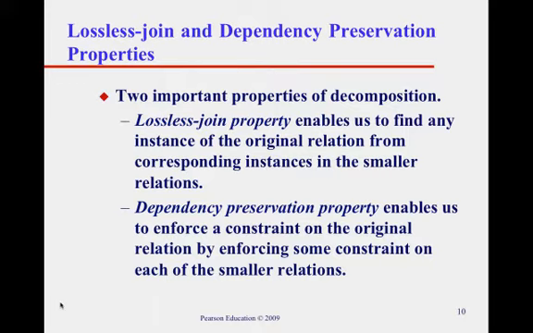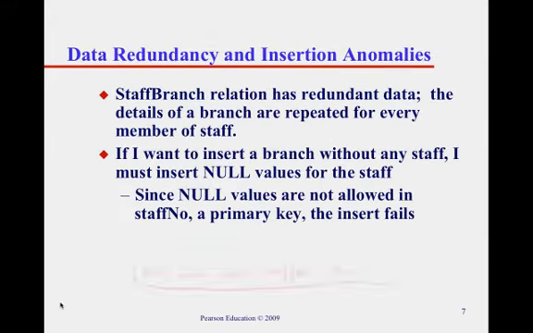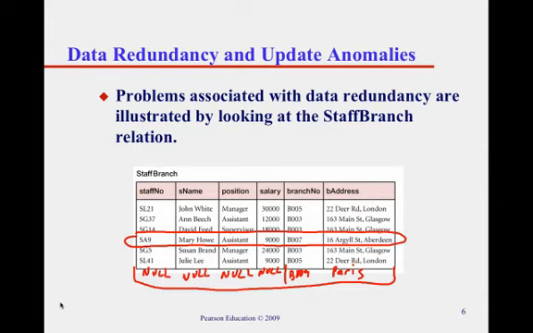And to get rid of those problems, what we need to do is decompose them. But when we decompose them, we need to make sure that they can be rejoined. So if we break the staff-branch relation into two separate relations, we still need to make sure that if necessary, we could create this view.